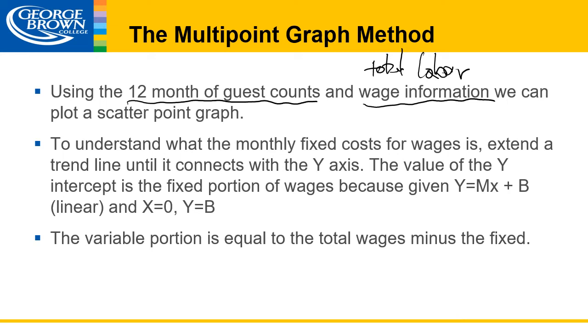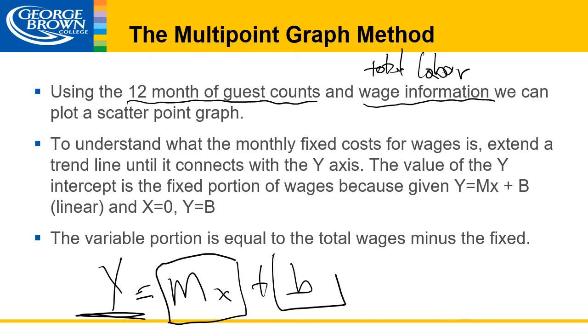This is because the trend line is a line, and the mathematical equation for a line is y equals mx plus b. What this means is our total labor is a function of our variable labor plus our fixed, right? If we put in 0 for x, so x equals 0, that means we have 0 variable cost, and whatever is left over must be our fixed cost.